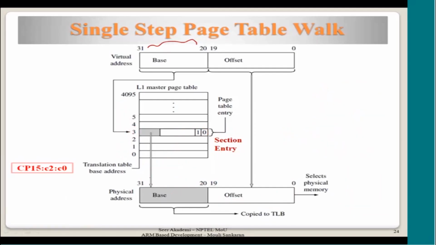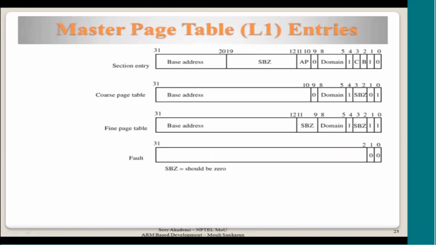Now let us see what are the possible entries. It could be a section entry. That means it actually says where that 1 MB is located in this space, and it will have only one access permission, because the whole 1 MB section is treated as one entry.